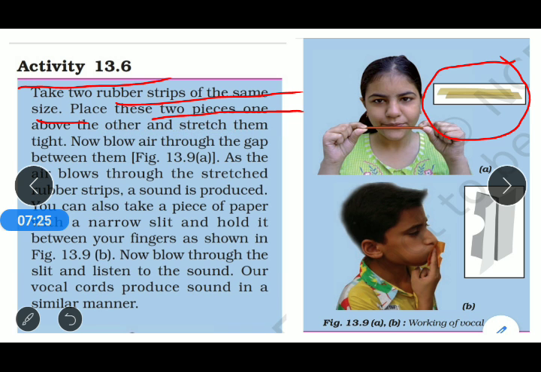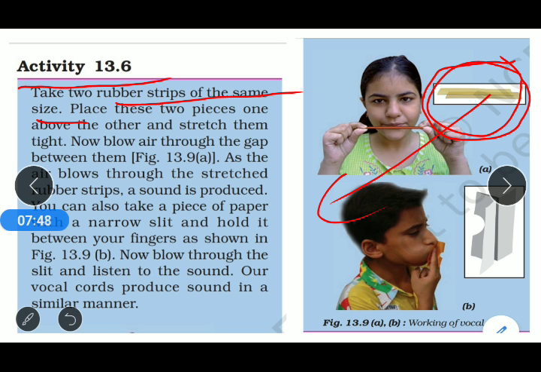Now after that, we need to blow air through the gap between them. That means there is a gap. If you go through that picture, a very little gap is created, a very thin gap between the rubber strips. You can say that we are creating a slit.